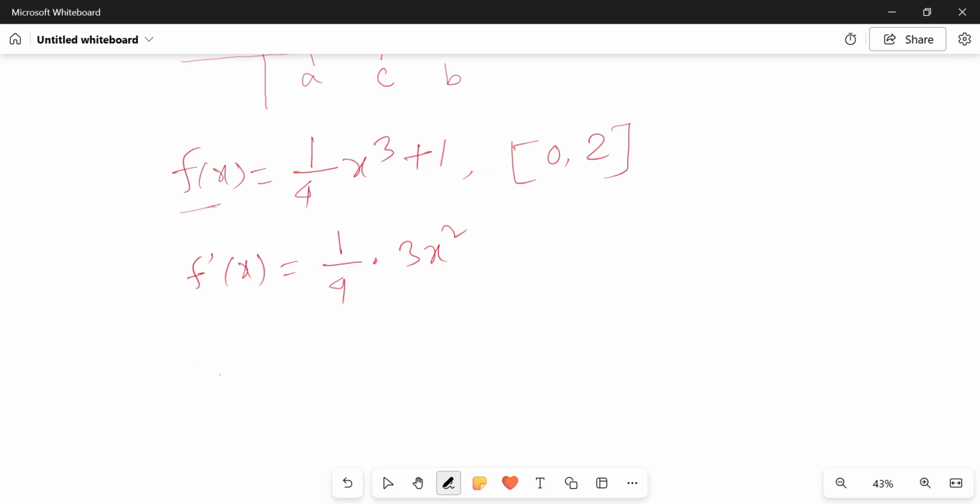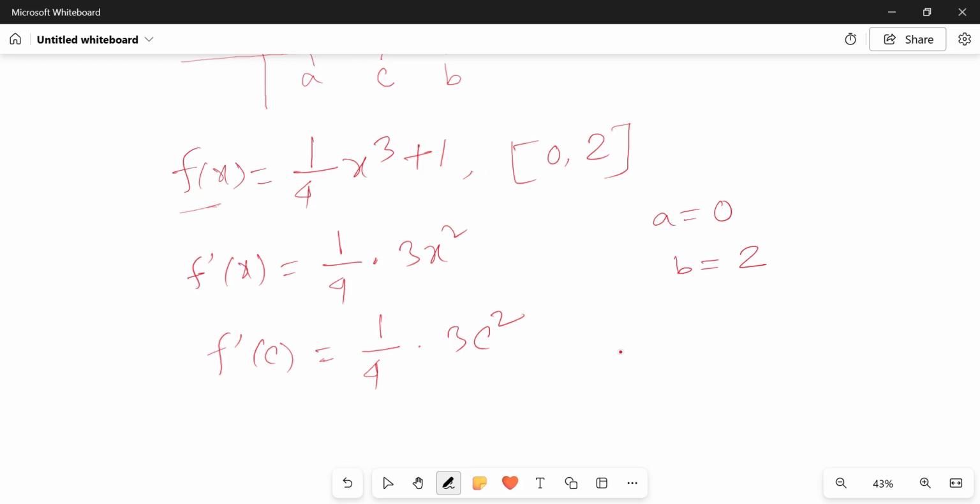So f prime of c here is 1 by 4 times 3c squared. Here a is 0, our initial point, and b is 2, the terminal point of the interval.